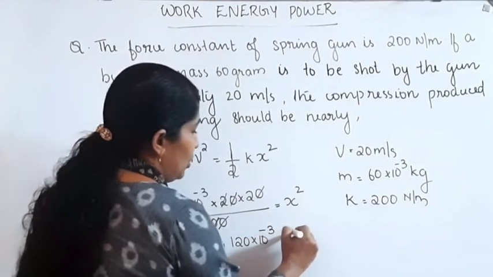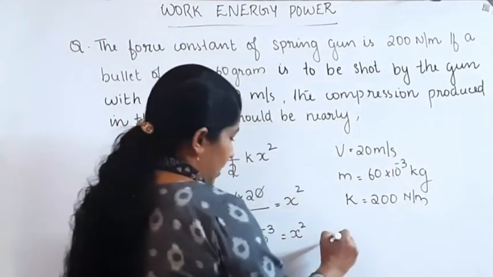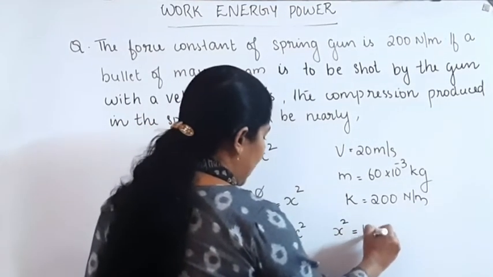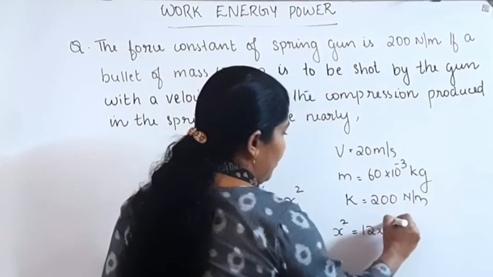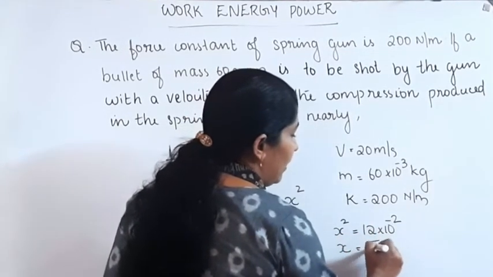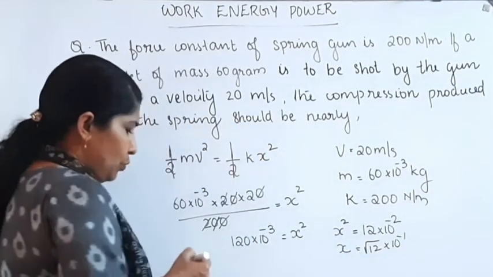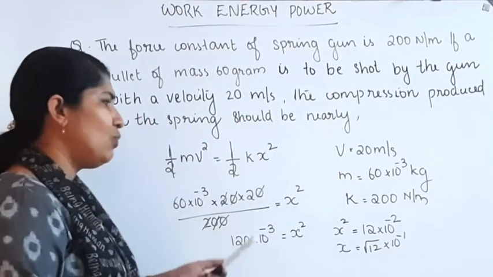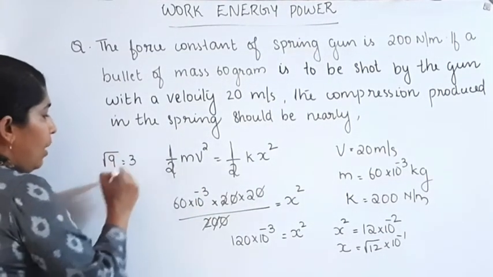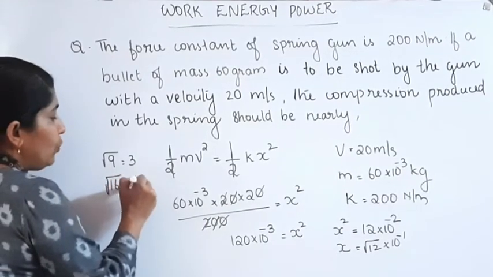That is x square equal to 12 into 10 raised to minus 2. Then x is equal to root 12 into 10 raised to minus 1. We know that root 9 is equal to 3 and root 16 is equal to 4.